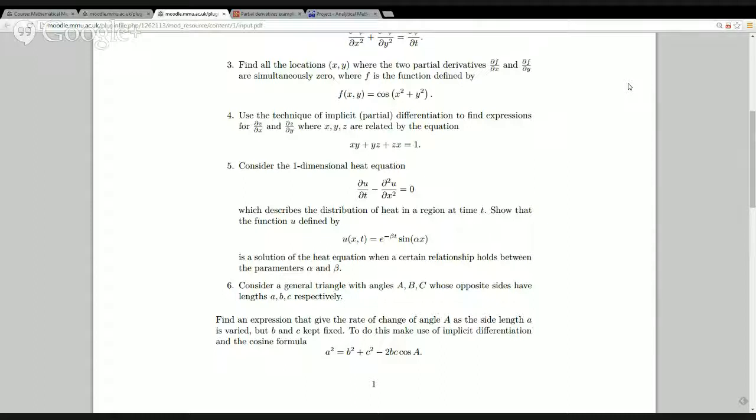You need to remember your quotient rule. So you have the square of the denominator function underneath, and then on top, you have the denominator function multiplied by the derivative of the numerator, the derivative with respect to x. So this would just be minus y.